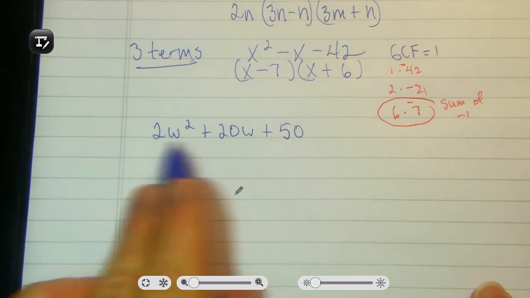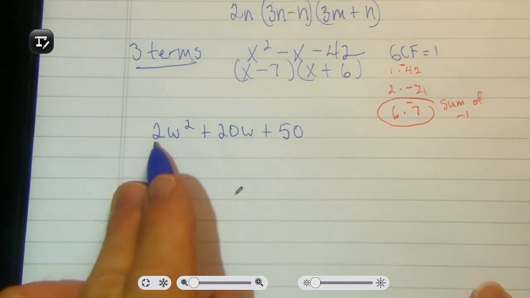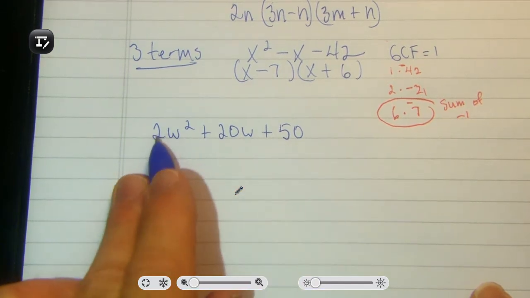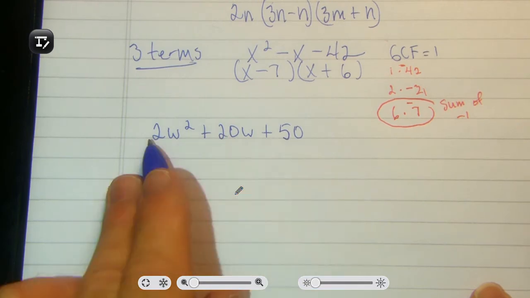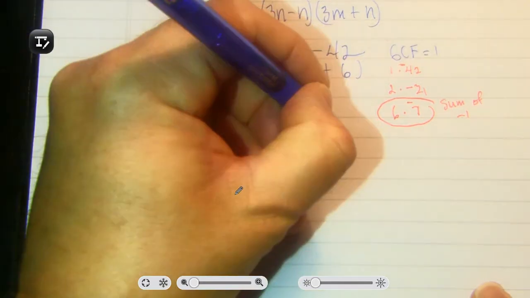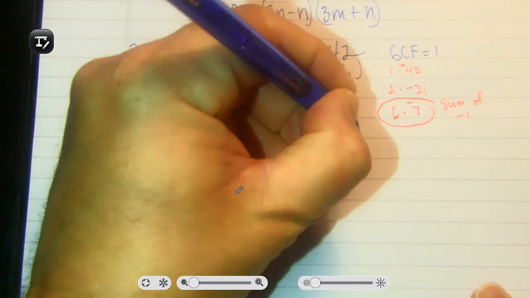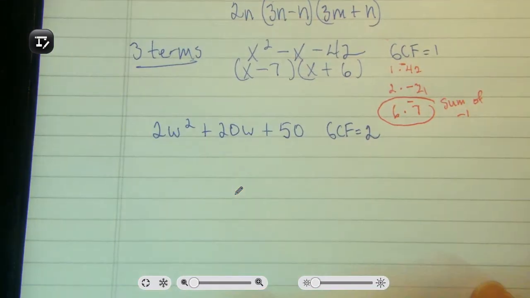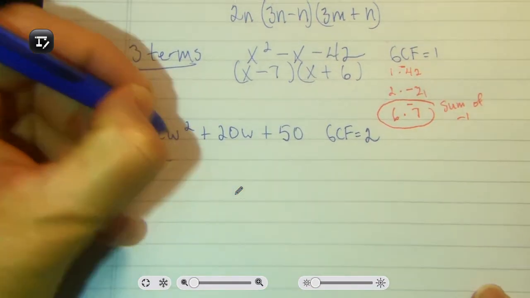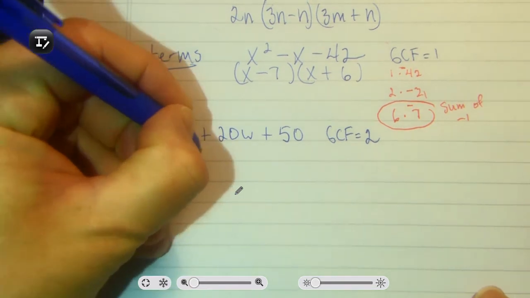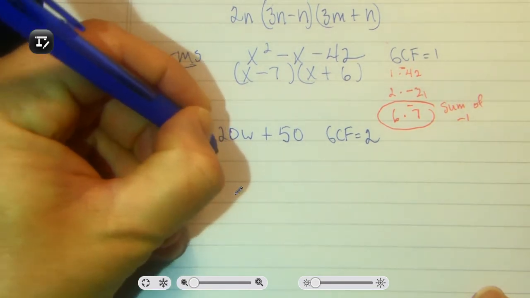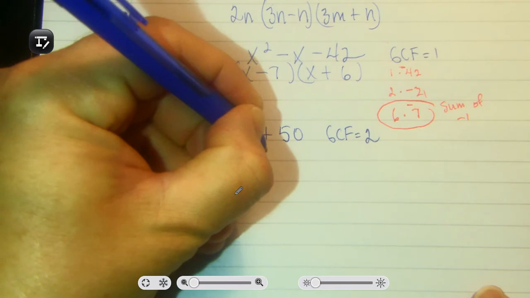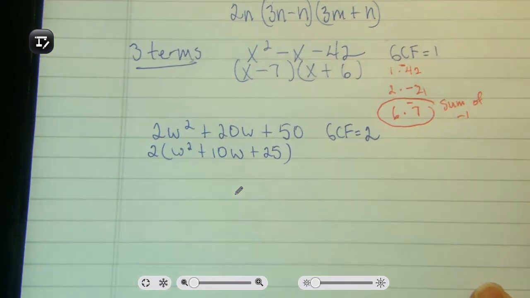We've got 2, got 20, I've got 50. Smallest coefficient there is 2, and 20 and 50 both will divide by 2 because they're even numbers. So my GCF here is 2. So I've got to factor that out. I'll get w squared plus 10w plus 25.